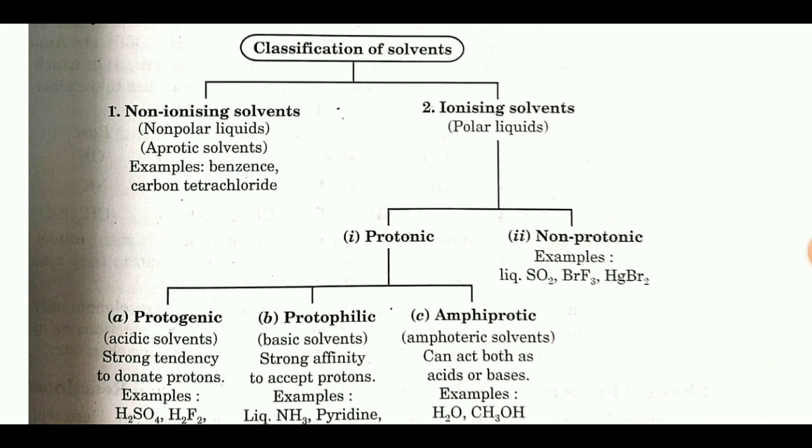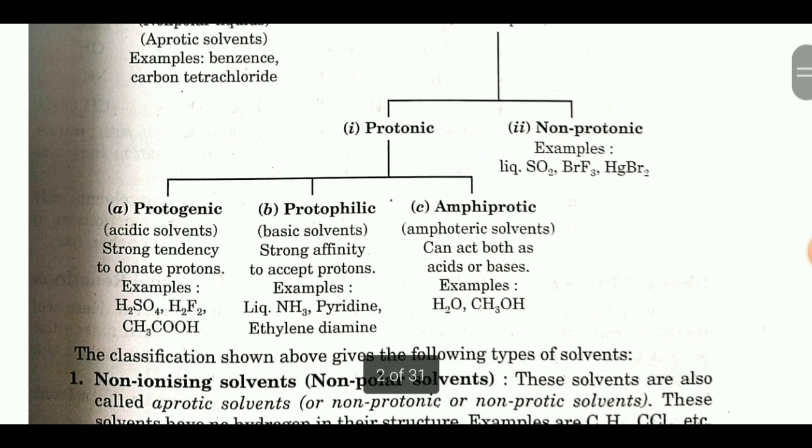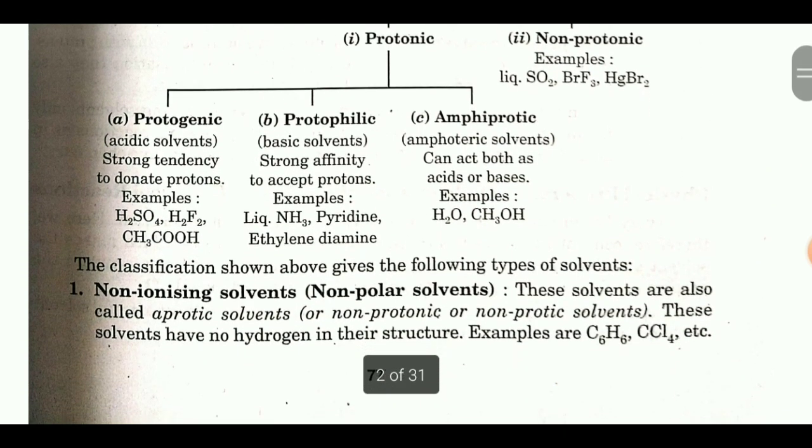Non-protonic, examples: liquid SO2, BrF3 and HgBr2. Then protonic are further classified into three: first, protogenic; second, protophilic; and third, amphiprotic. Protogenic are acidic solvents which have a strong tendency to donate protons. Examples, H2SO4, H2F2 and CH3COOH.